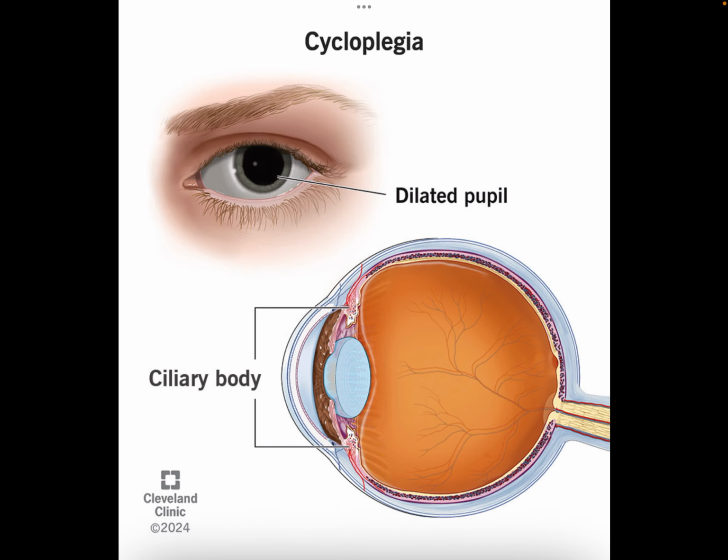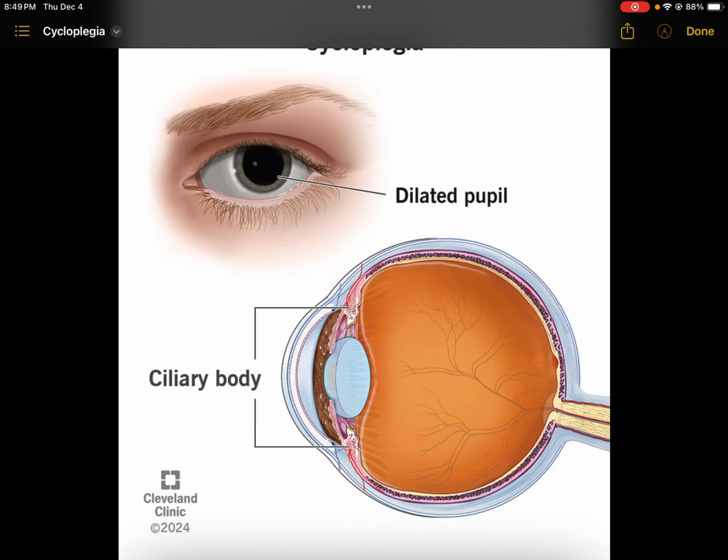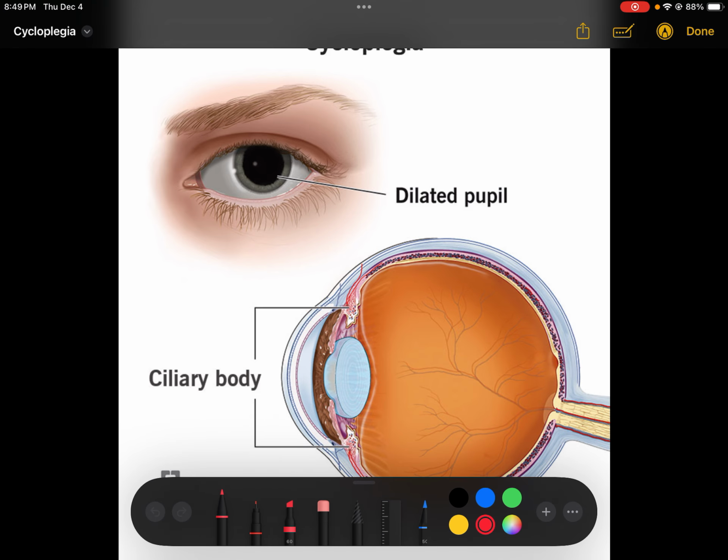And cycloplegia or cycloplegic. Cycloplegia means paralysis of the ciliary muscles. Cycloplegic drugs are those drugs that cause paralysis of the ciliary muscle. Classification of the cycloplegics: systemic and topical.